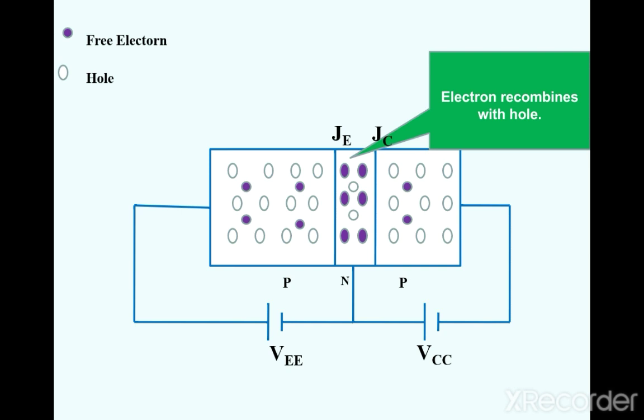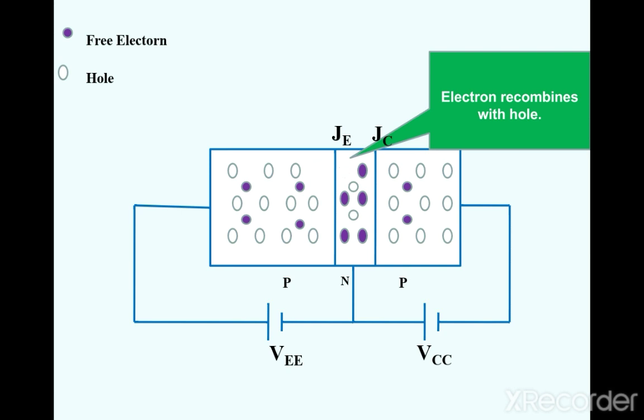The holes from the P side recombine with electrons in the N side and become minority carriers in the base side. Since the base depletion region width is small, some of the holes from the emitter also cross the junction JC and move into the collector region.